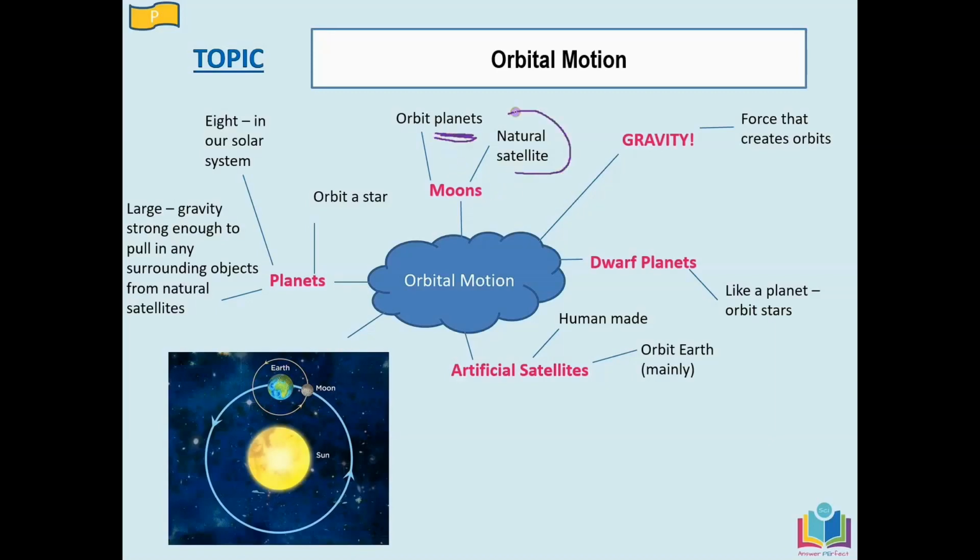It's a natural satellite. We didn't make it and put it there. Artificial satellites, though, we have got going around the Earth, but they are man-made. Dwarf planets, those are tiny ones like Pluto. And remember, this guy is your friend, Mr. Gravity. That is the force that creates orbits.